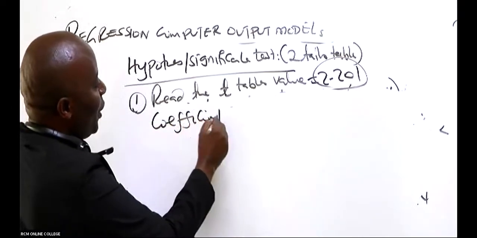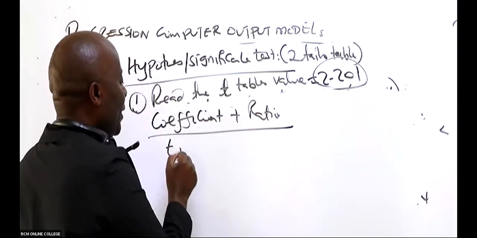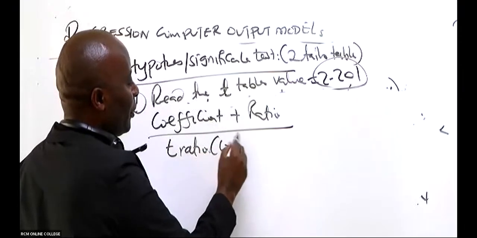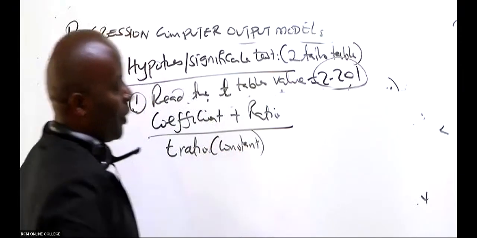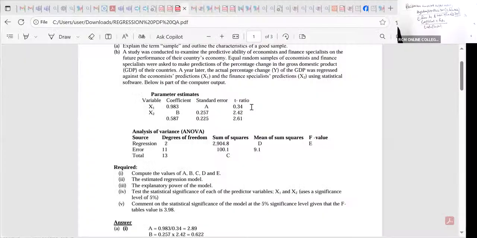So the coefficients T ratios, we start with the first T ratio given there. Yeah, for the constant. The constant T ratio that we have there, my good students, you can see the T ratio that we have. Is there someone who is able to see 0.34?